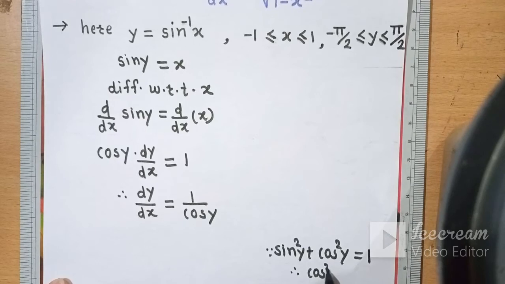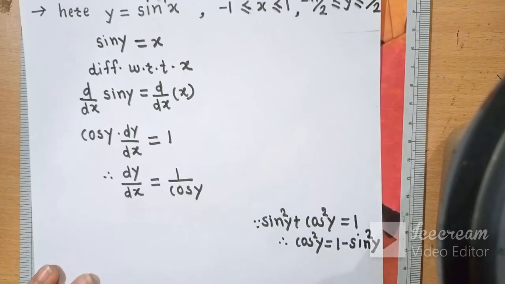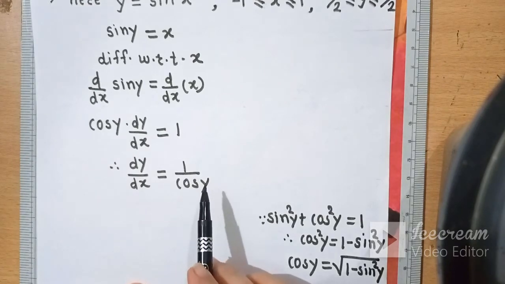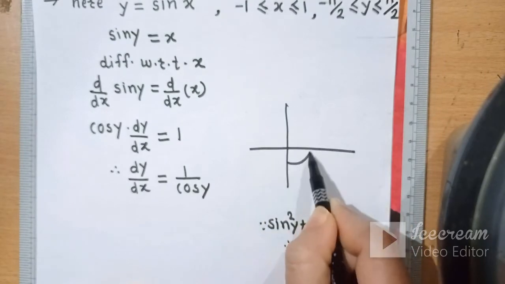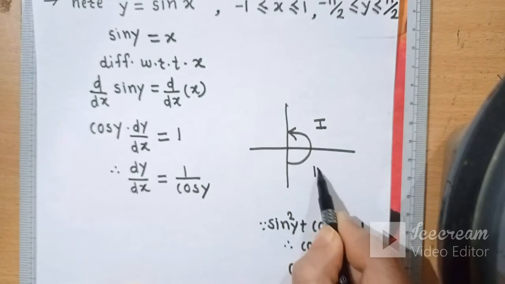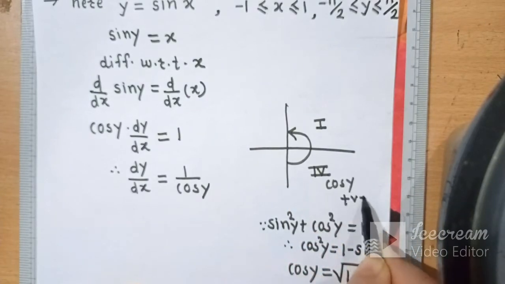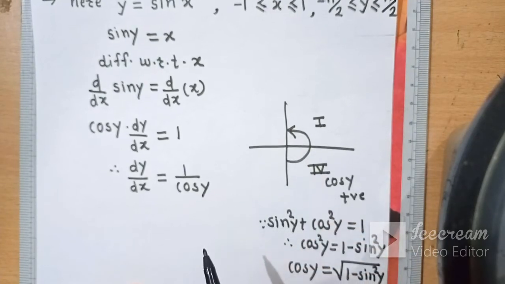So cos square y is equal to 1 minus sine square y, and taking square root, we have cos y equal to root of 1 minus sine square y. Now for cos y, this angle y lies between minus pi by 2 to plus pi by 2. So cos y is positive in the first and fourth quadrant, because the domain is minus pi by 2 to plus pi by 2.